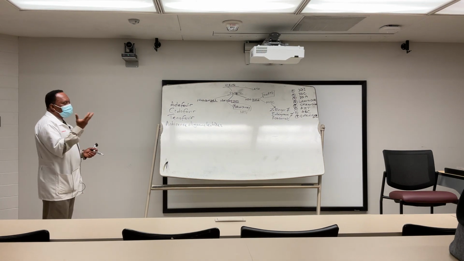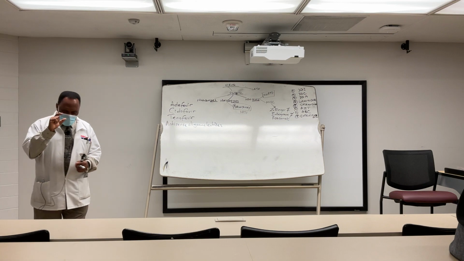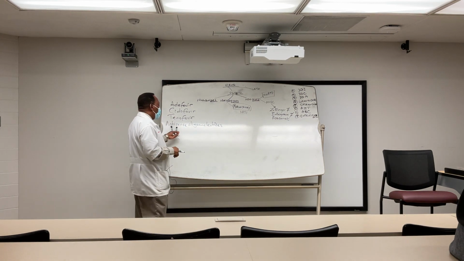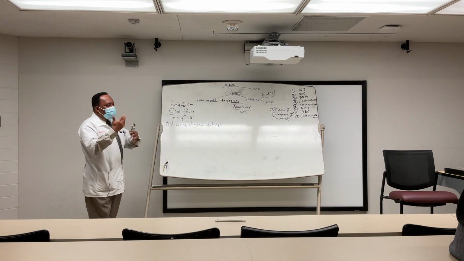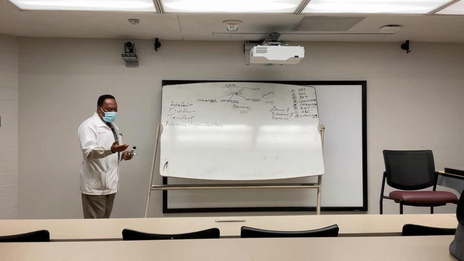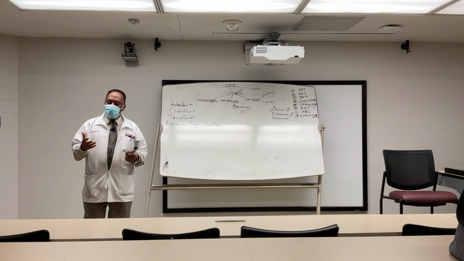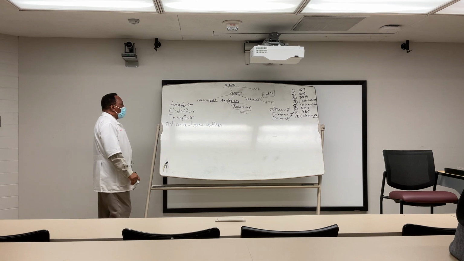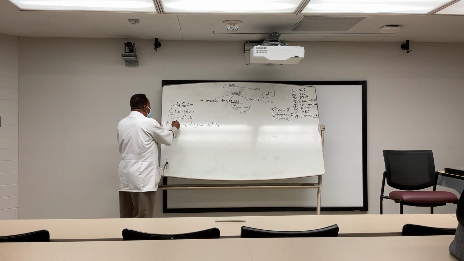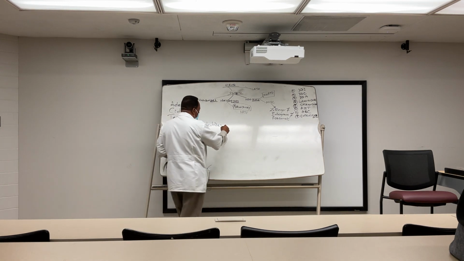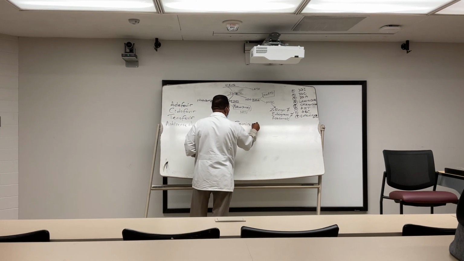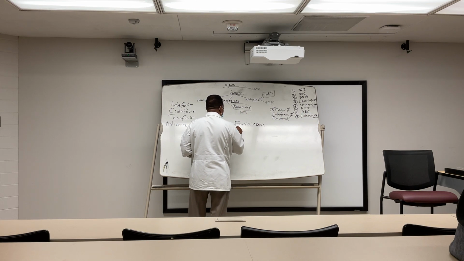The antisense oligonucleotides are usually just a short string of DNA that can compete with your normal nucleotides that are used for the synthesis of your DNA. So they are your fomivirsen, and then you have alphavirsen.